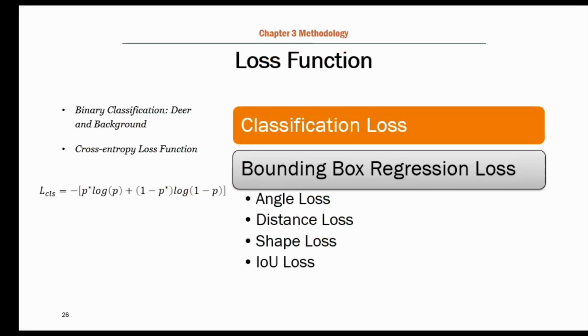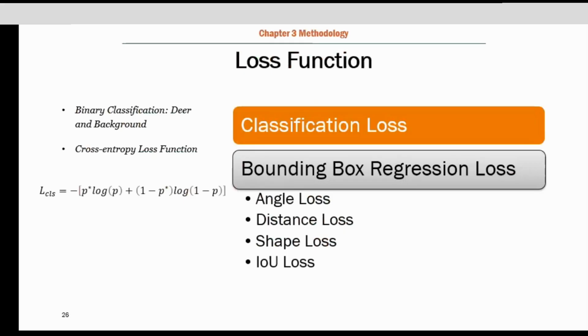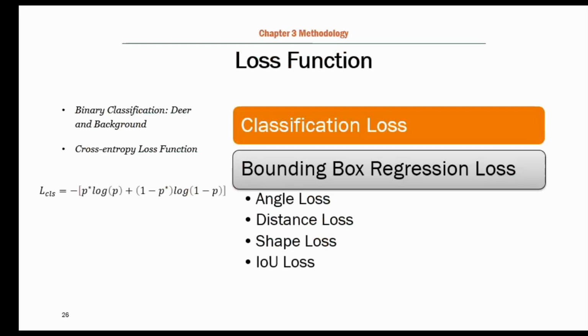of two parts. One is the classification loss. We need to identify the animal species. And the other is the bounding box regression loss, because the model will have to adjust the coordinates of the bounding boxes to make them fit the object optimally. So there are two kinds of loss.